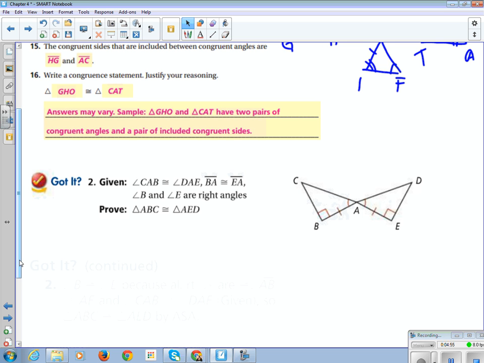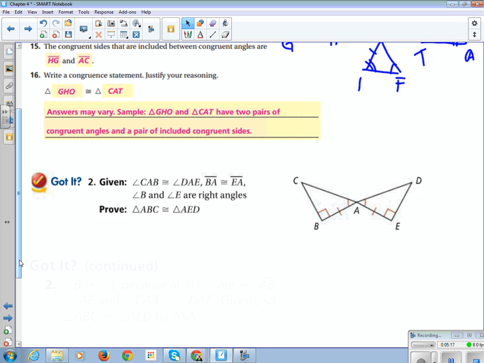All right, so here is the information that we're given. Angle CAB is congruent to angle DAE. Side BA is congruent to side EA. Angle B and angle E are right angles. We need to prove that triangle ABC is congruent to triangle AED.